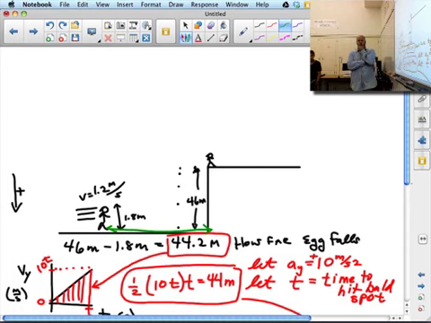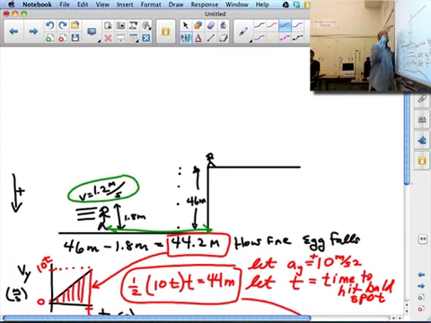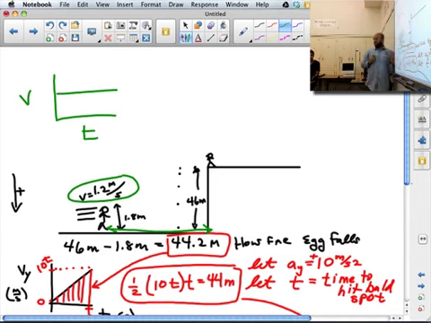Wait till it's really quiet. I'm trying to think of a clever way, but it's probably just going to be a stupid way of doing it. Why don't I do this? Let's model this dude's motion. What is his motion? You can never go wrong by just simply going back to the basics. What's that area?